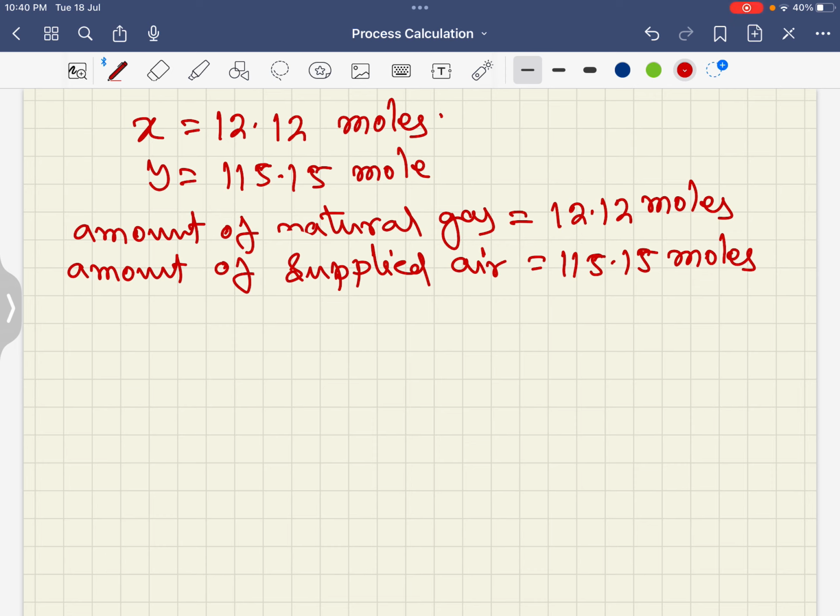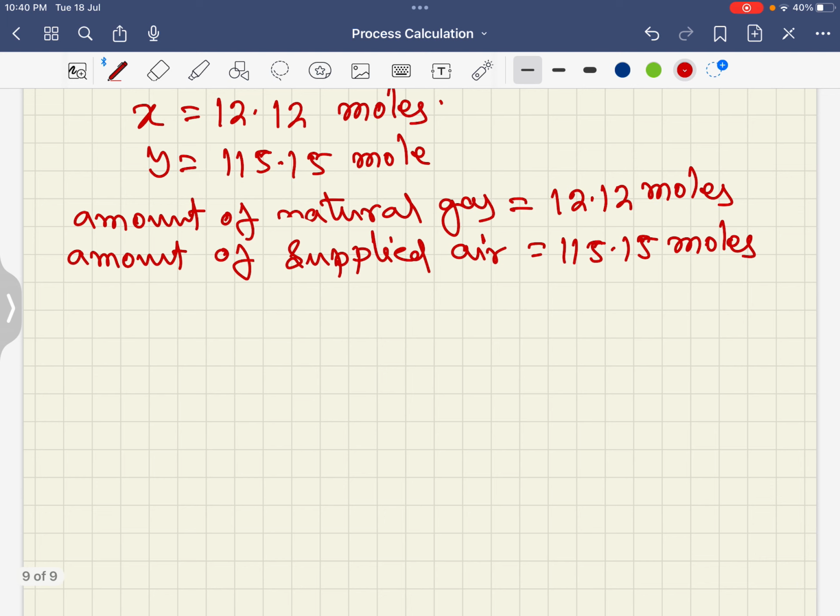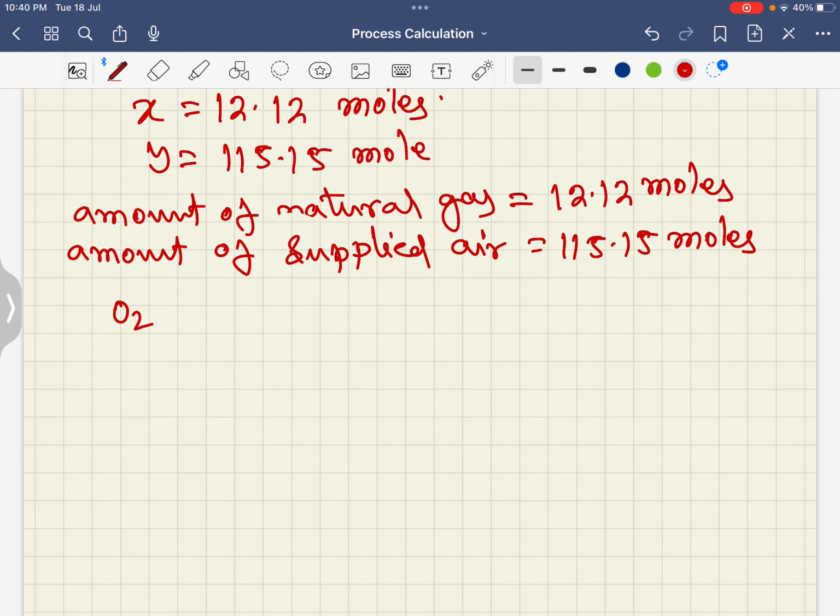Now in supplied air, how much oxygen is there? Okay, that is supplied air is this. Now we can calculate oxygen required for combustion.